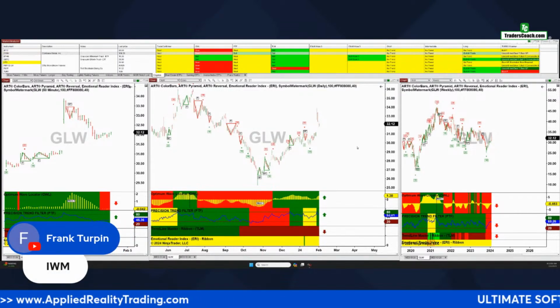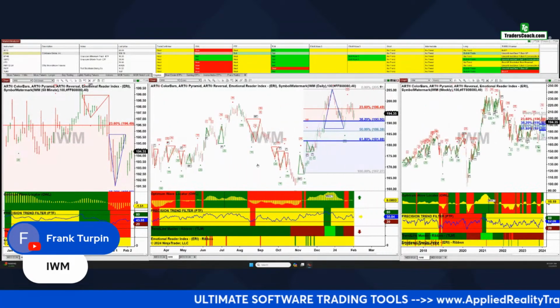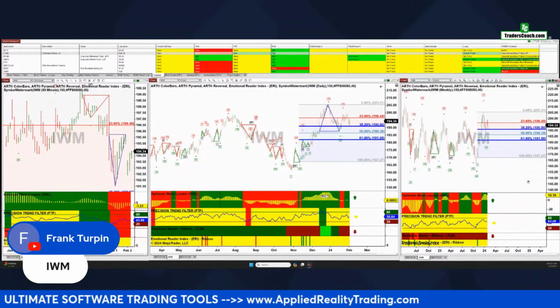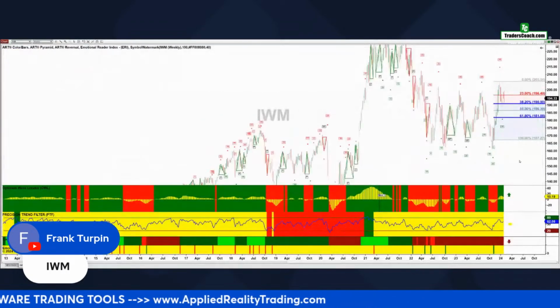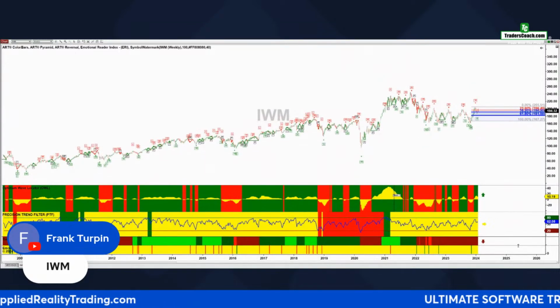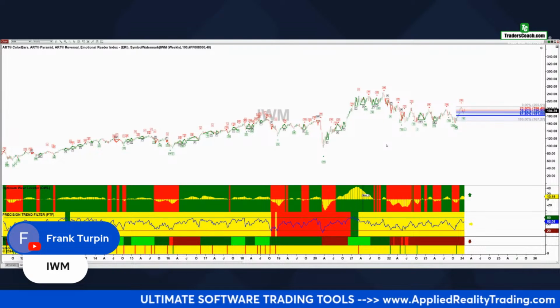All right, Frank, IWM. This is Frank's favorite. Let's open up IWM here and see what's cooking. As you can see, you get quite a bit of movement here. You got quite a few green pyramids on the move up.